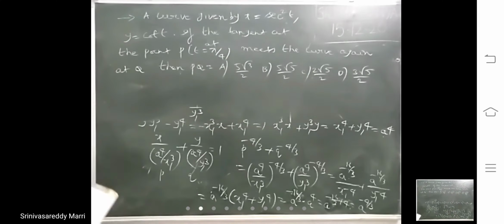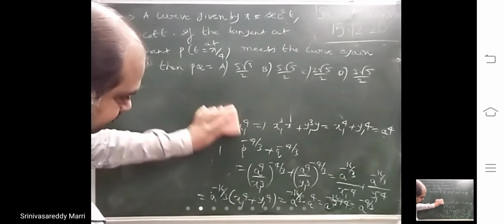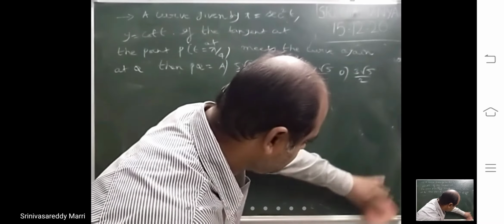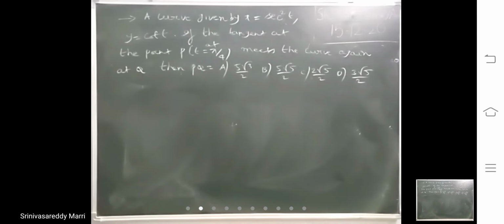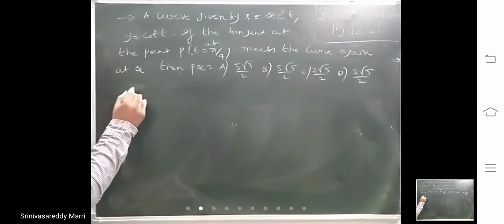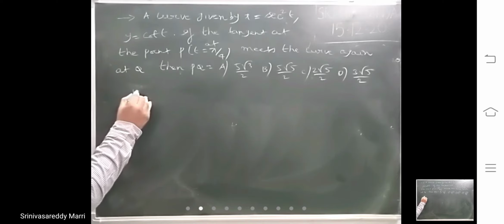Look at this. So look at, very important. Tangent is drawn at some point t equal to pi by 4. What is the point at t equal to pi by 4?